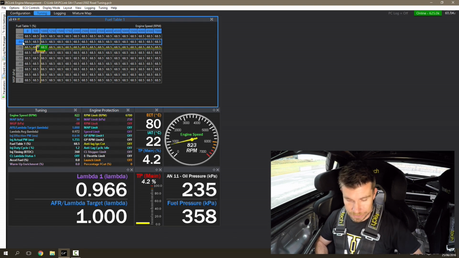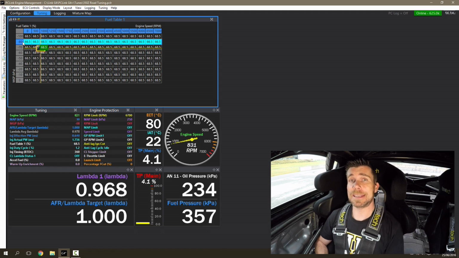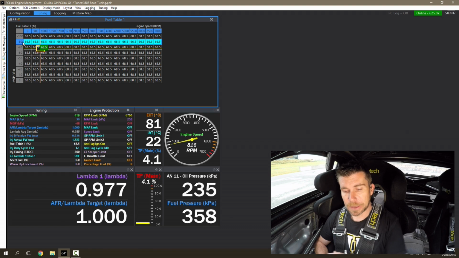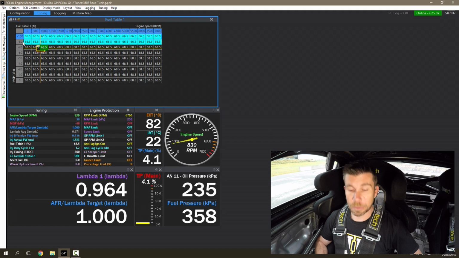So what we can do is simply reduce the numbers in our fuel table to represent that. And all I'm going to do at the moment is make a guesstimate of around about 2% per 10 kPa. So you can see I've made that change there to the minus 80 kPa row. I'm going to now copy that into the minus 100 kPa row, and we're going to make exactly the same change there, same magnitude of change.